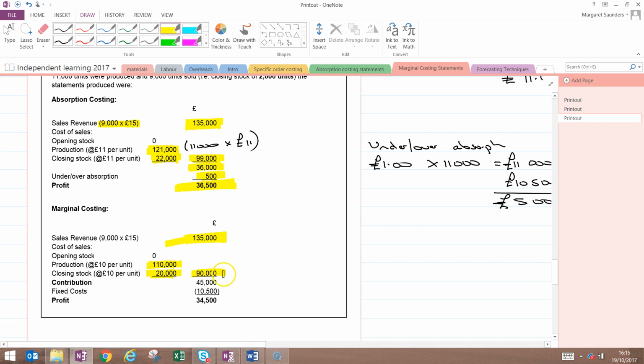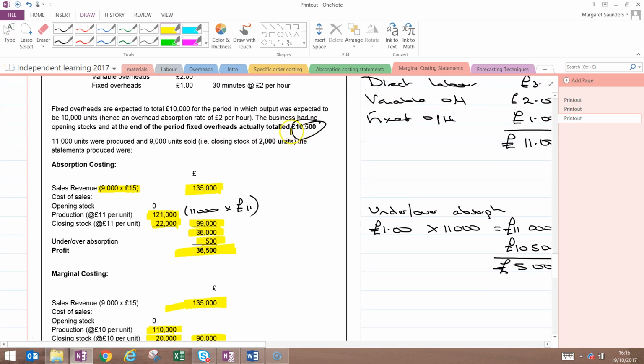Sales minus cost of sales is contribution. Contribution minus the fixed costs, and we now are interested in the actual fixed costs incurred, which we were told were 10,500.